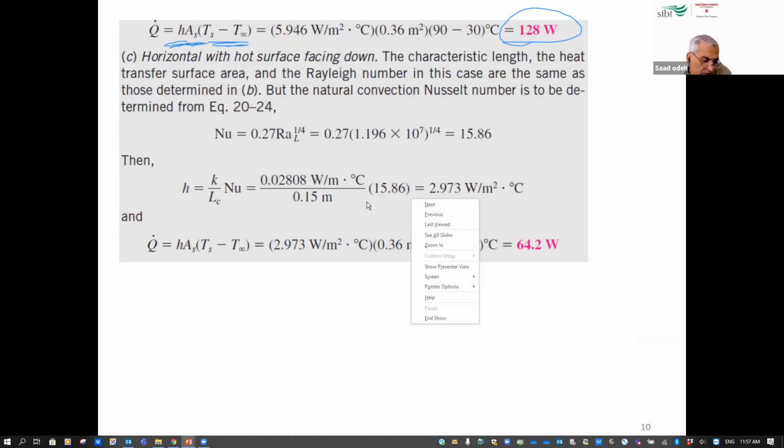The last one, when we have the surface facing downward. So TS here is downward. Okay. So we do the same thing. We apply the same formulas.